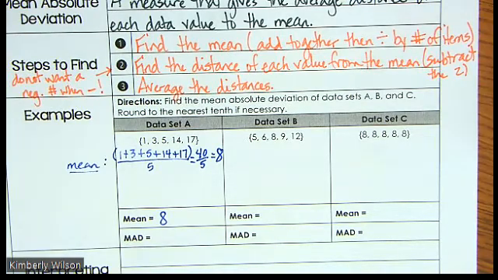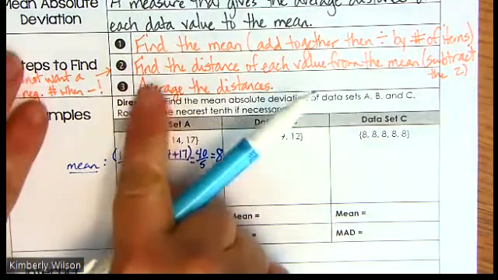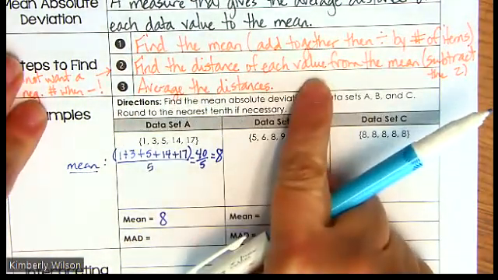So that was step one. Now we have step two. Step two is where we find the distance of each value from the mean.